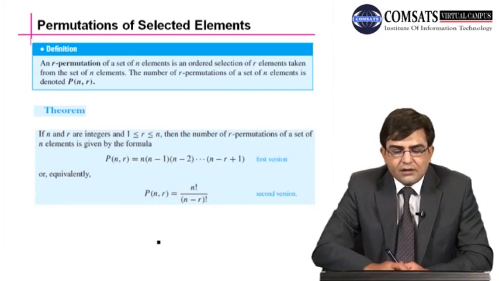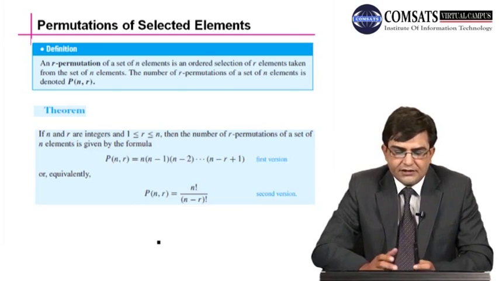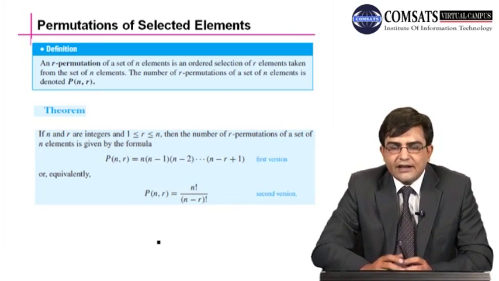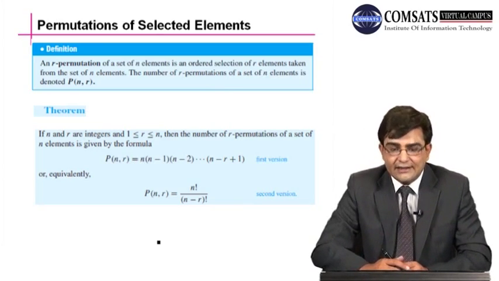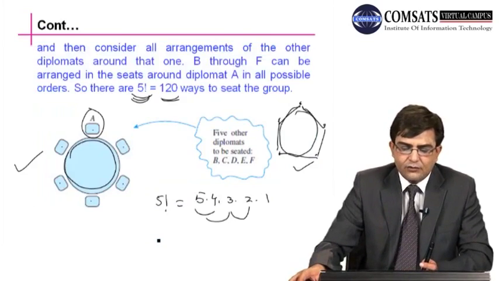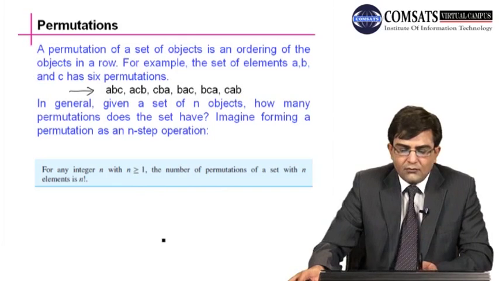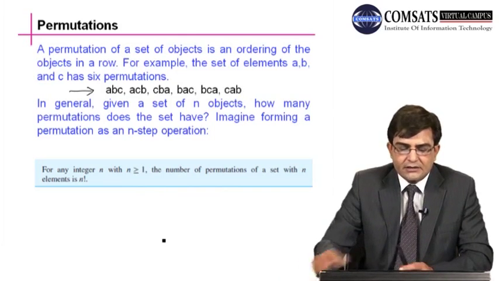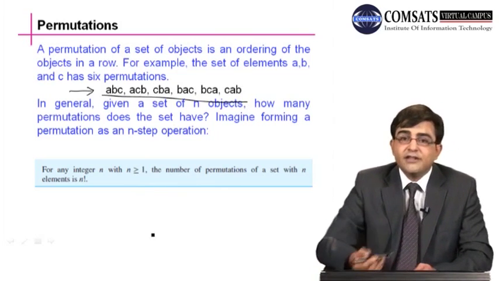Now the permutations of selected elements. In the previous topic we have discussed permutations. Permutations are basically the arrangements of all elements out of a set. For example, in the previous example we supposed: what are the number of permutations or arrangements of 3 elements out of 3 elements.